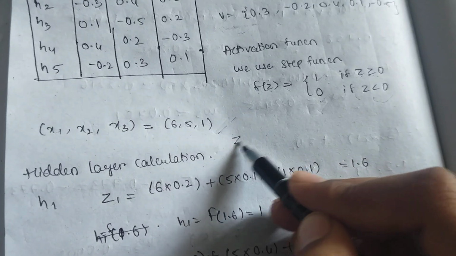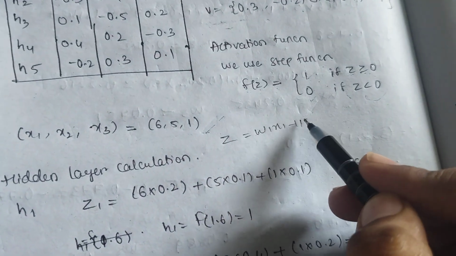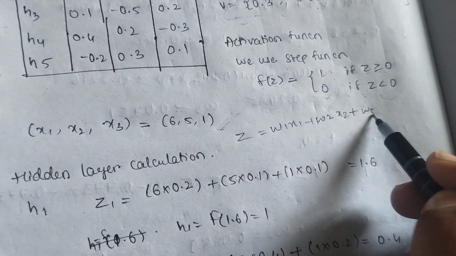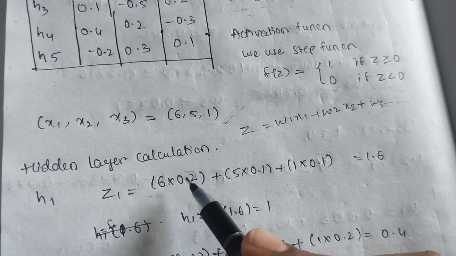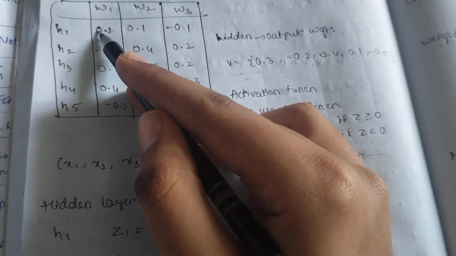So the formula will be z equals w1 x1 plus w2 x2 plus w3 x3. Okay, so this is x1 and your weight 1 is here, you can see 0.2, right?